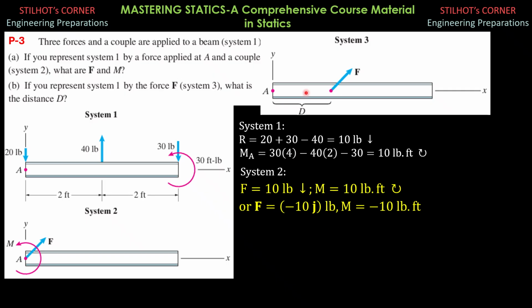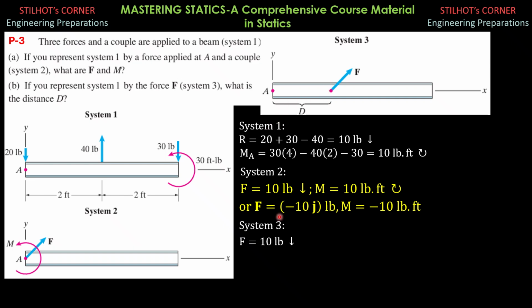For system 3, F is again 10 pounds downward, or negative 10 j pounds in vector form, but let's choose this scalar value, which is downward. Anyway, the direction is indicated. So the moment, therefore, is 10 downward times d.